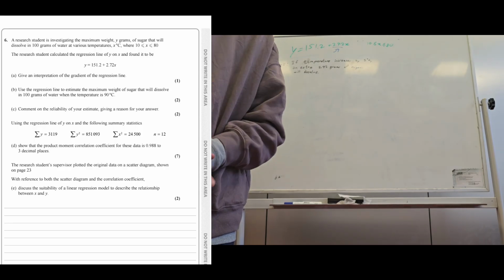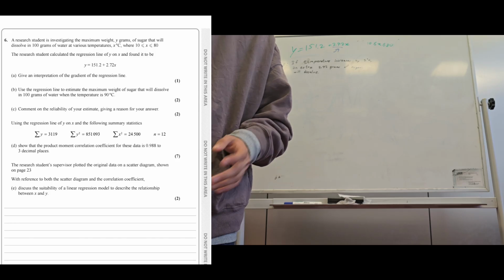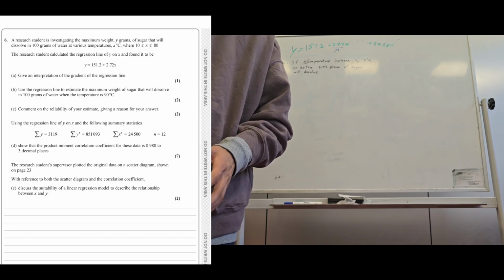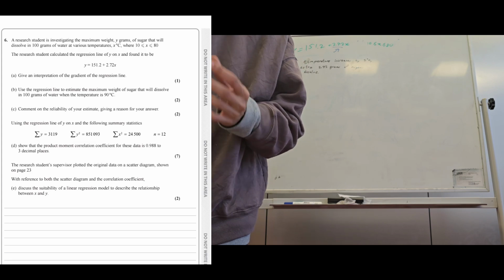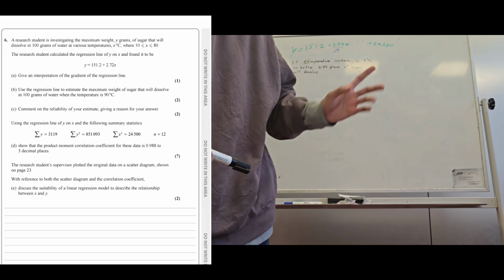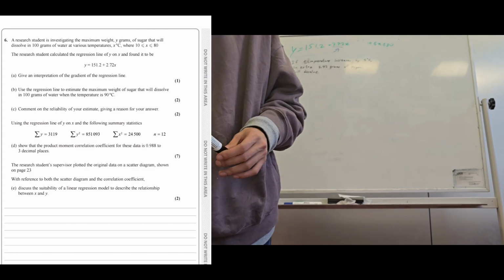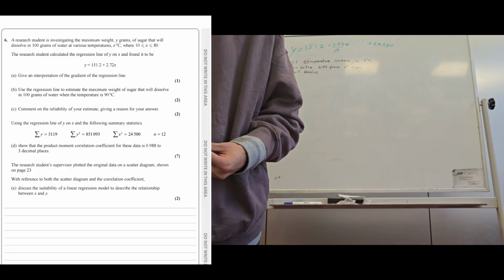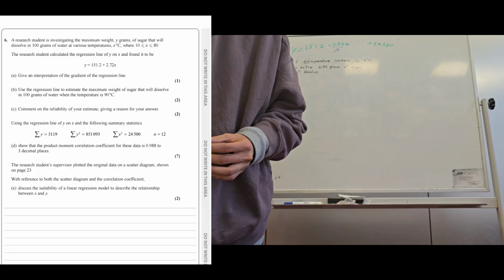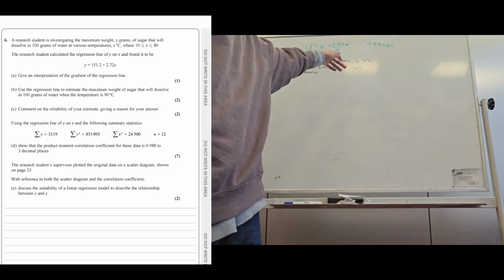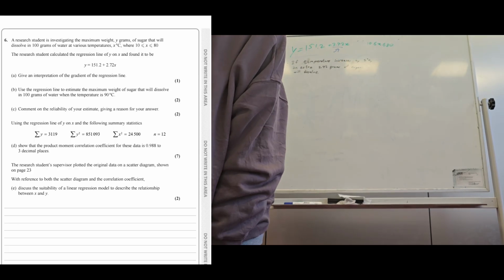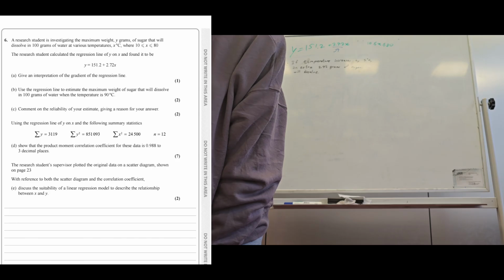It doesn't matter, because in the original question it said 100 grams of water at various temperatures, so it will still be the same equation. We just need to care about 90 degrees Celsius, the maximum weight that will dissolve at 90 degrees Celsius. So we just put 90 in here, except that we can't really do that.